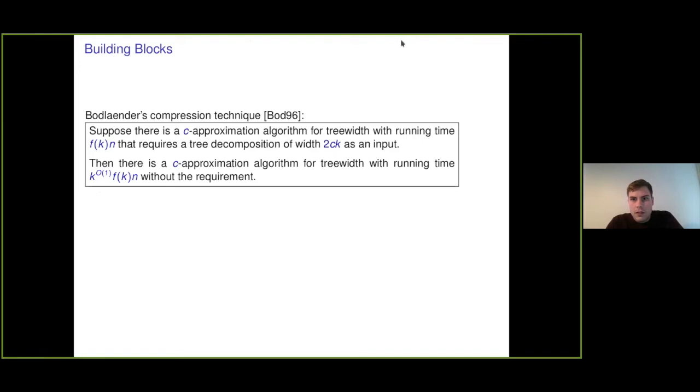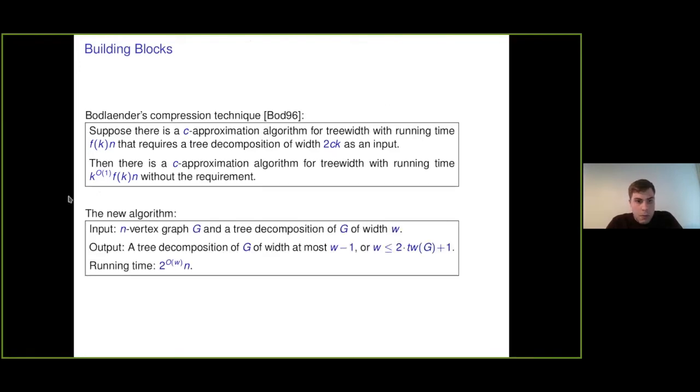The more natural way to state this new algorithm that I'm going to give is that the input of the algorithm is again an n-vertex graph G, but this time it also has as input a tree decomposition of G of width w, and it outputs a tree decomposition of G of width at most w minus 1, or it decides that w is already at most 2 times k plus 1, so the input tree decomposition is already a 2-approximation.